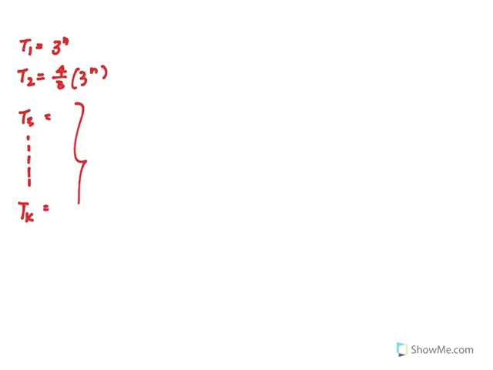So week 1 is 3 to the power of n. Week 2 is 4 over 3 to the power of 3n. And from week 3 onwards, all the way to week k, we are looking at an AP where our first term is 16 over 9, 3 power n, because that's actually our term 3.